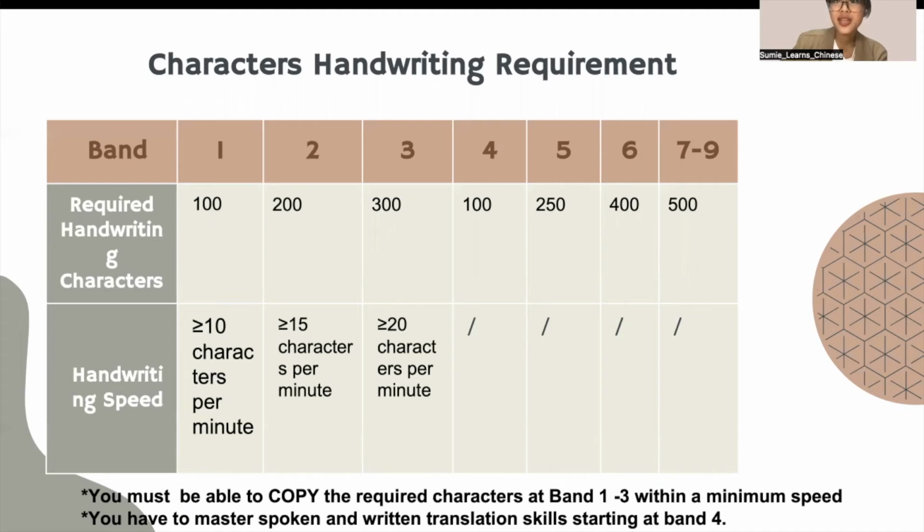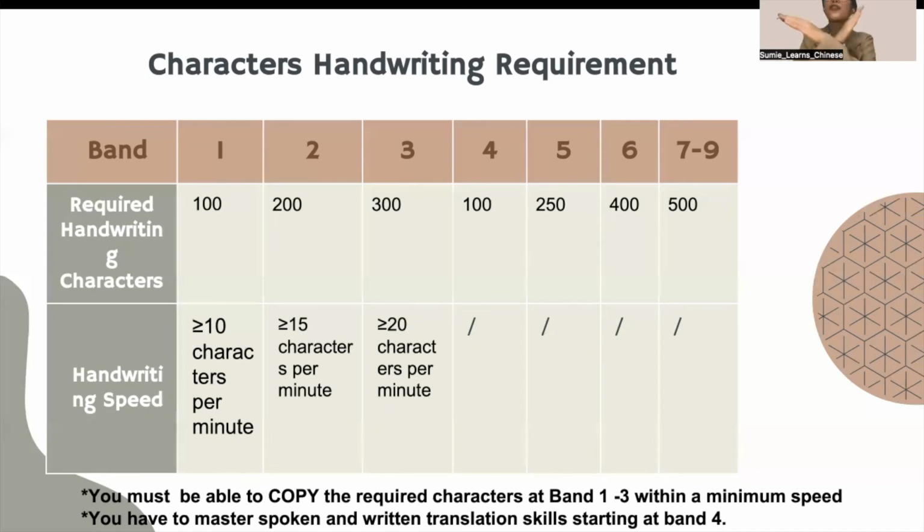That means you have to write fast and correctly at the same time. Okay, you can see there are a lot of slashes. Does it mean that if I want to get band 4 to band 9, there is no handwriting speed, or no time limit, if I attain the higher level on the new HSK 3.0 curriculum?